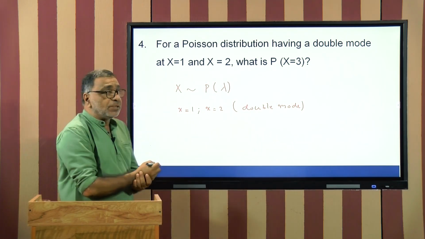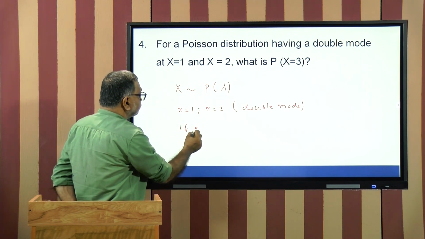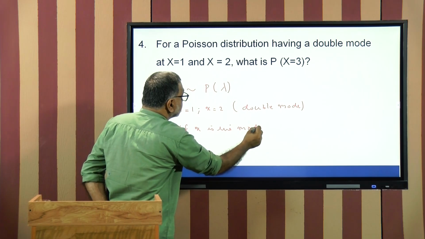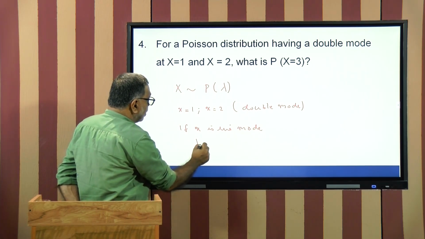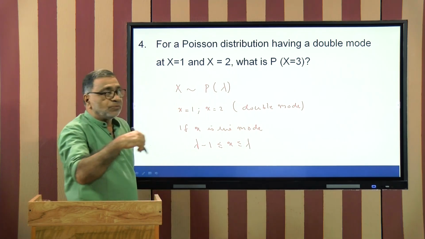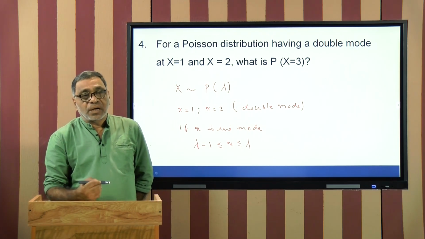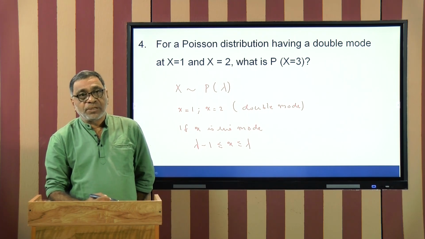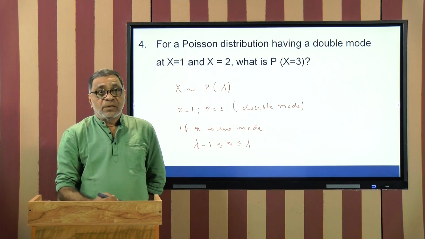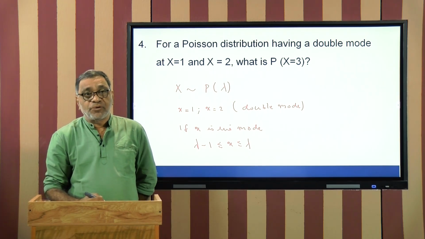And already we established that for a Poisson distribution, if x is the mode, then lambda minus 1 is less than or equal to x, which is less than or equal to lambda. Again, note that x takes non-negative integer values: 0, 1, 2, 3, etc.